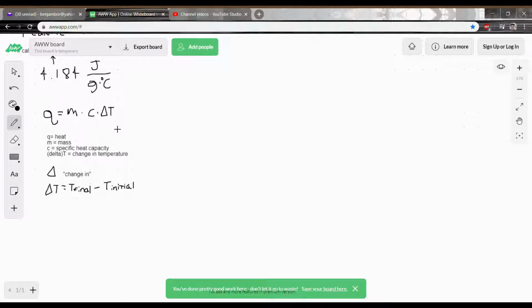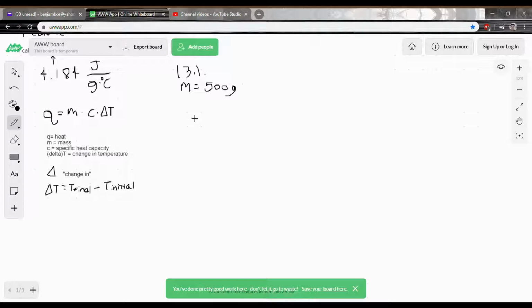We want to find out how much heat the block of copper lost. So we're given a few things. We're given that the mass of our substance of interest, the copper block, is 500 grams.